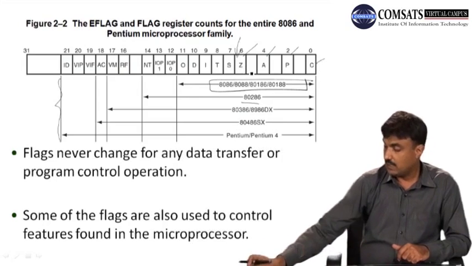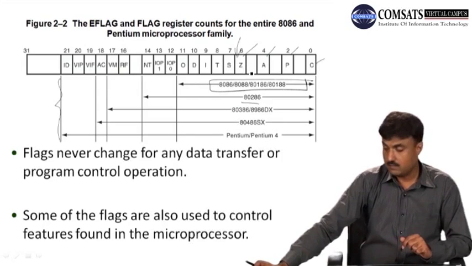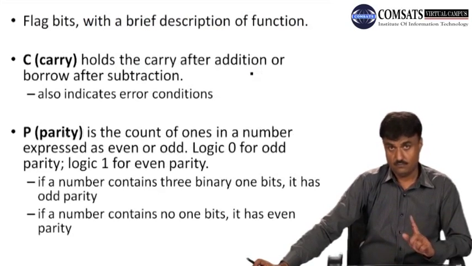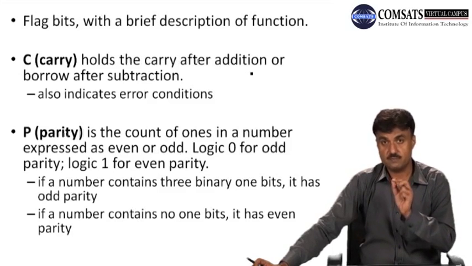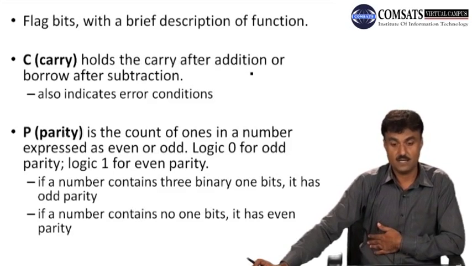What are those flags and what is their purpose? C shows the carry. The first, lowest-order bit of this flag register is called the carry.